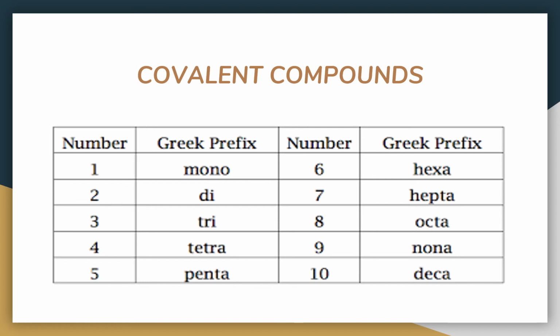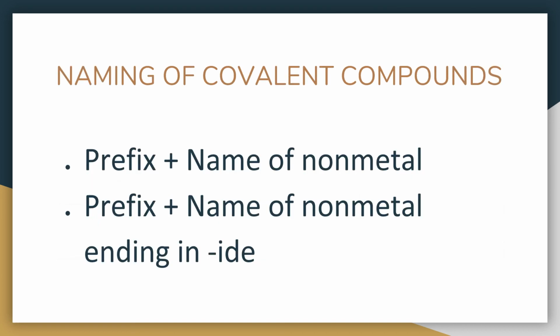Covalent compounds consist of 2 nonmetals, as we have mentioned before. So the step will be a prefix plus the name of the nonmetal. Next, another prefix plus the name of your nonmetal ending in ide.